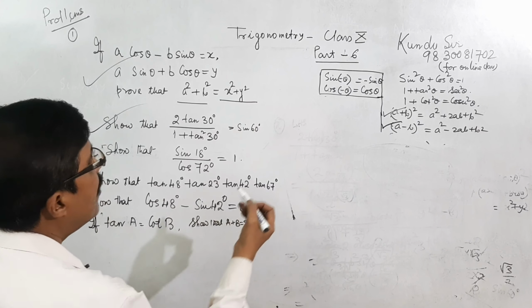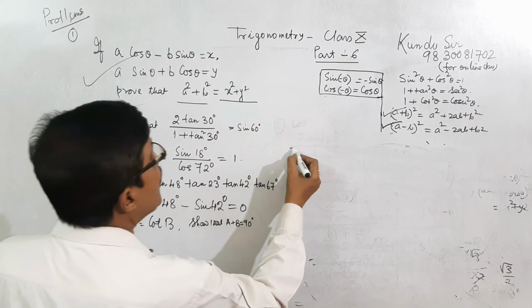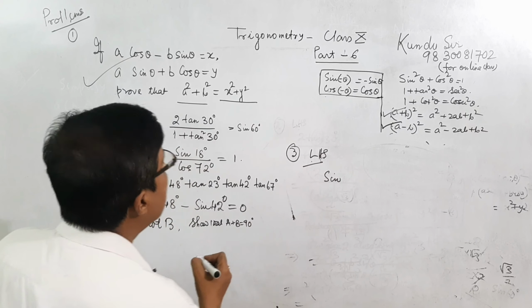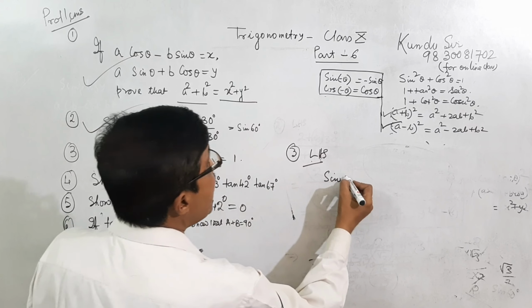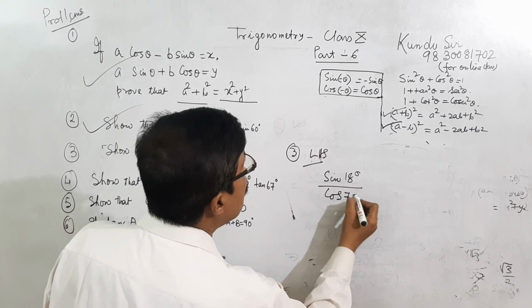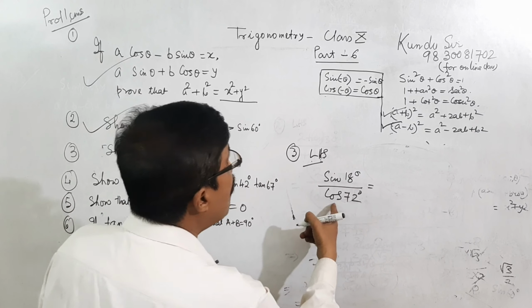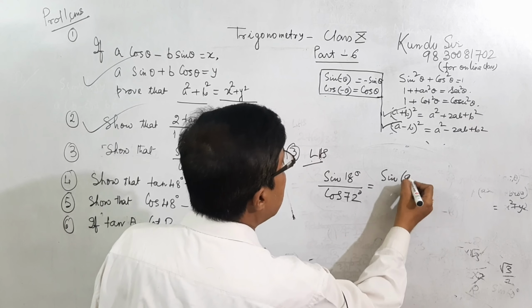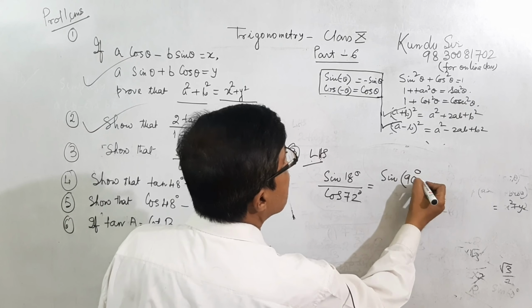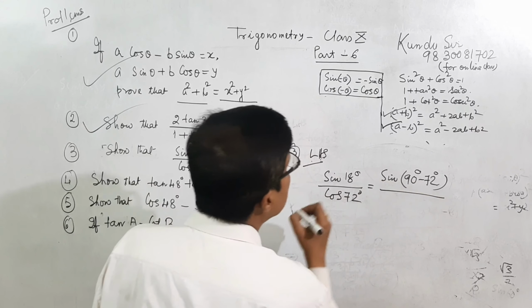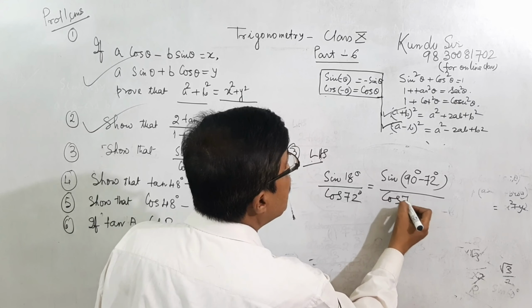Show that, it is a very small problem. Show that means left hand side equal to sine 18 degree by cos 72 degree. We can write sine of 90 degree minus 72 degree, which equals 18 degree, over cos 72 degree.